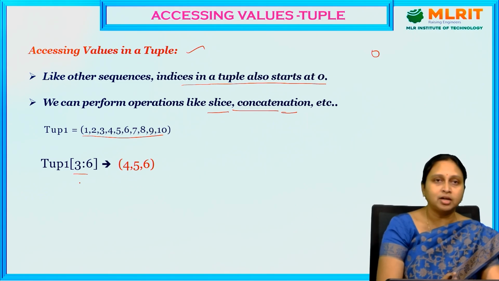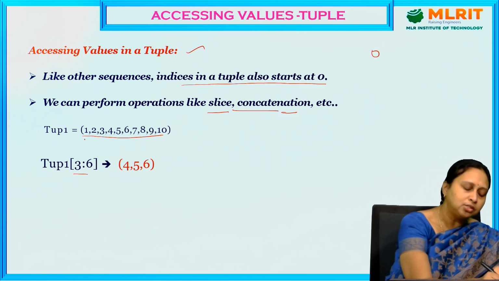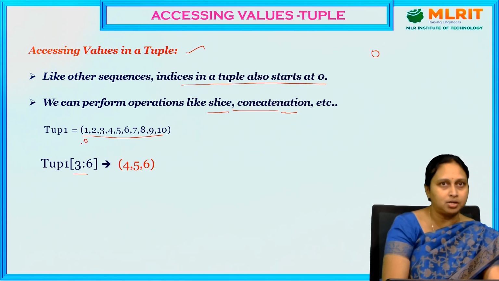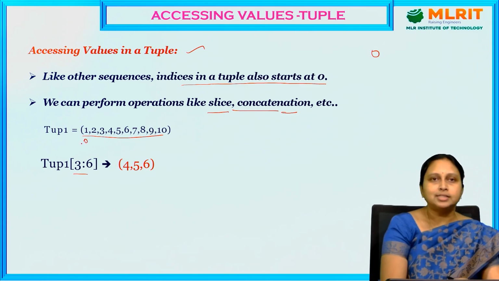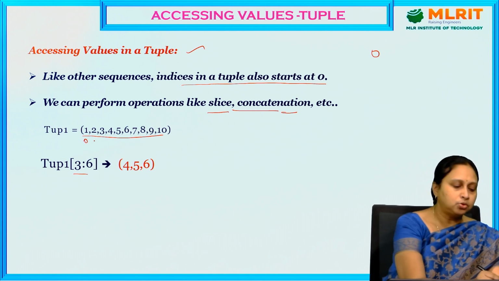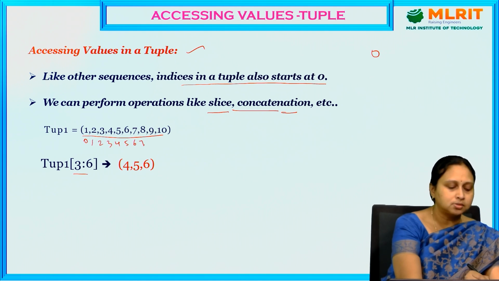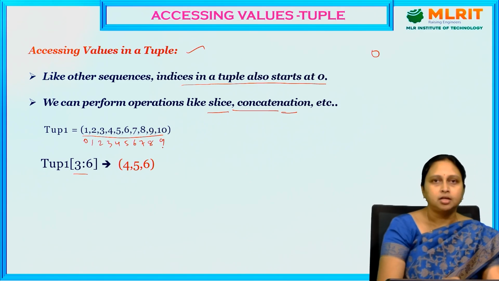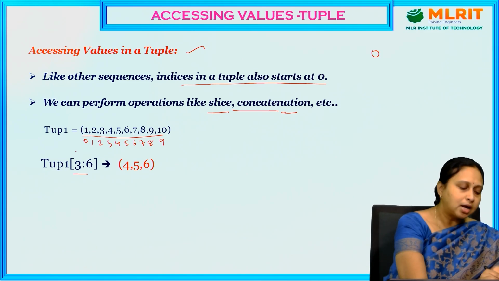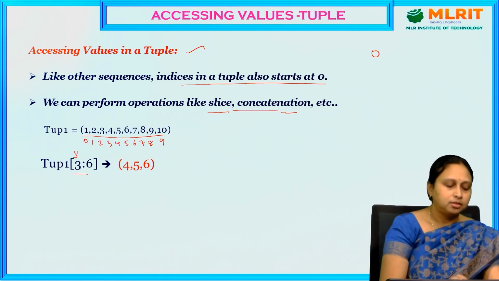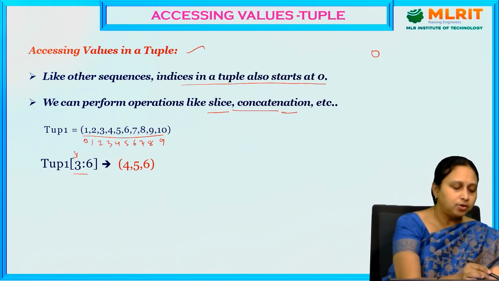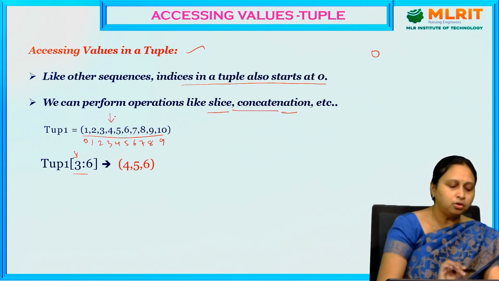How do we get these values? As we know, these are the indices of a tuple. It starts from 0 onwards: 0, 1, 2, 3, 4, 5, 6, 7, 8 and 9. We have given the starting index as 3, so we get the value 4.